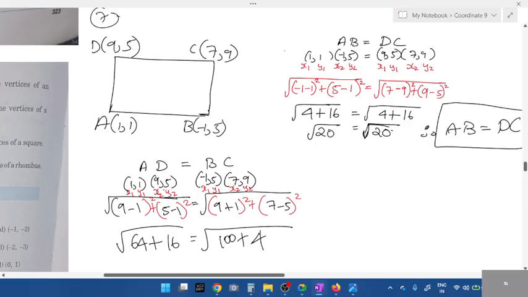Okay, 9 and 5. Minus 1 and 5. 7 and 9. X2 minus x1. 9 minus 1, 8 the whole square. Y2 minus y1. X2 minus x1.